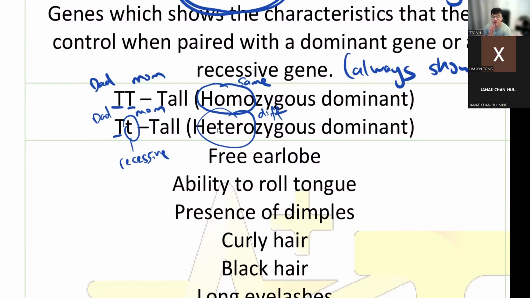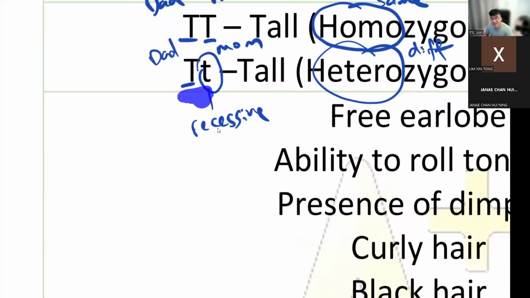So you look at your parents. You look at your dad's side first: your grandpa, grandma, your dad, all your cousins from your dad's side. Are they tall? Then you look at your mom's side. Are they all tall? If it's average, then most likely you are the heterozygous one.